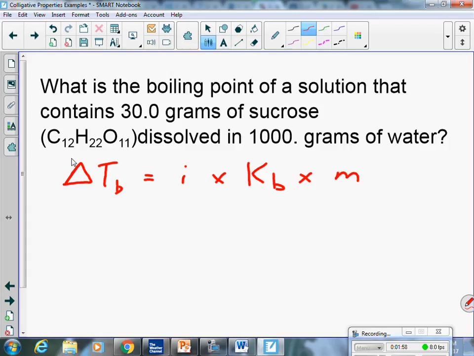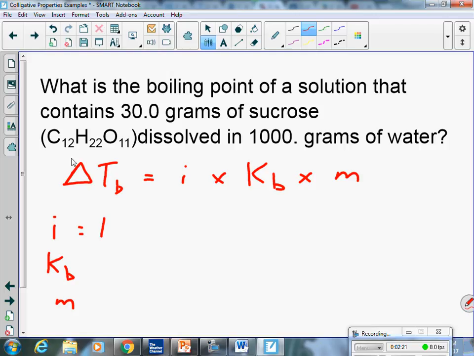So, what am I trying to find? I'm trying to find the boiling point, so I need to have K sub B, and I need to have the molality. Well, Van't Hoff's factor, this is a molecular compound, sucrose is. So Van't Hoff's factor for any molecular compound is going to be 1.